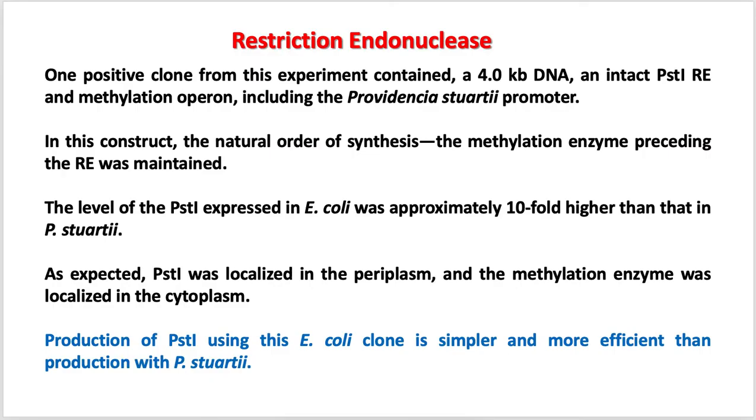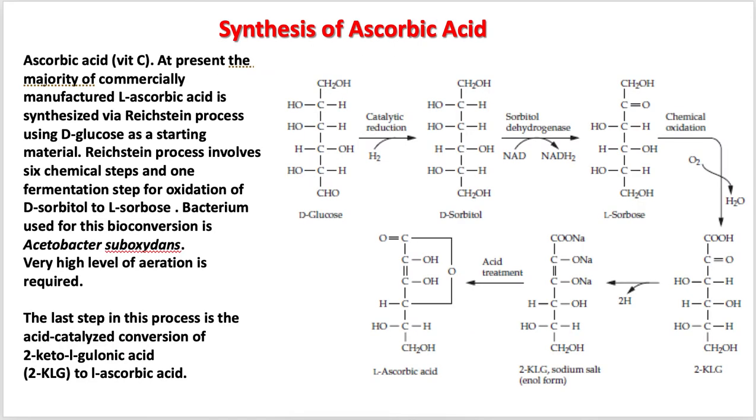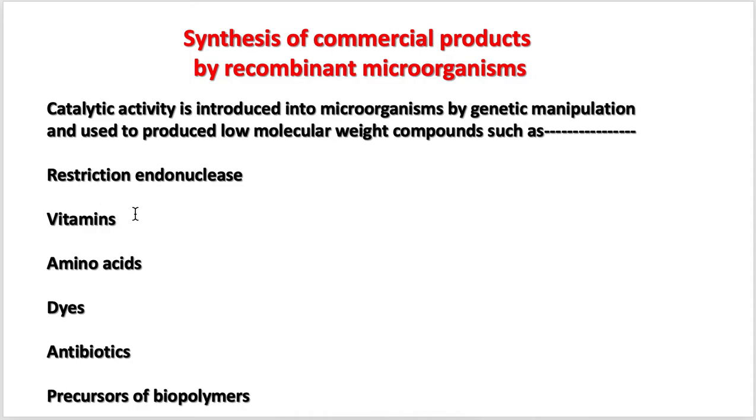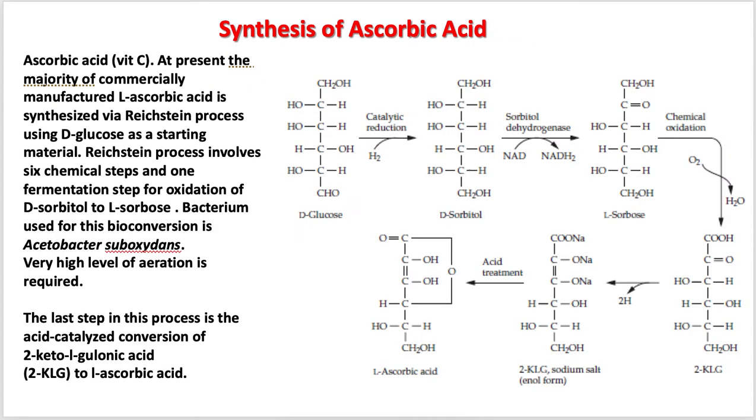Okay, so that was about restriction enzymes. Then synthesis of vitamins by recombinant microorganisms, and as an example we will talk about ascorbic acid. Ascorbic acid is vitamin C. Vitamin C is just its usual name, but its chemical name is ascorbic acid.